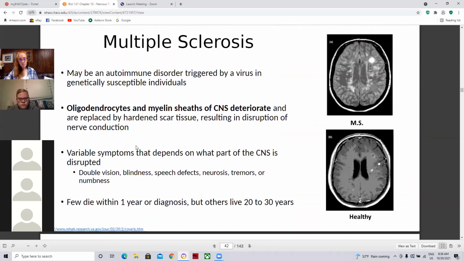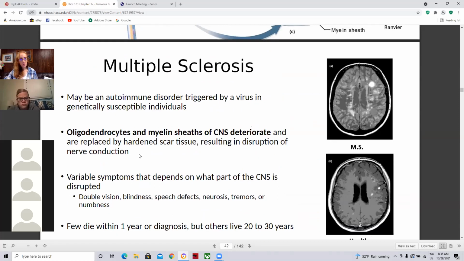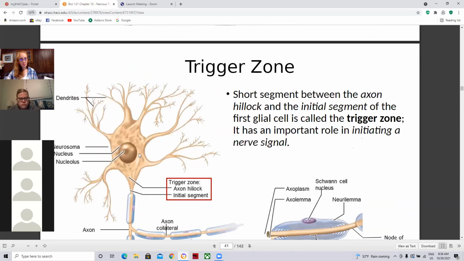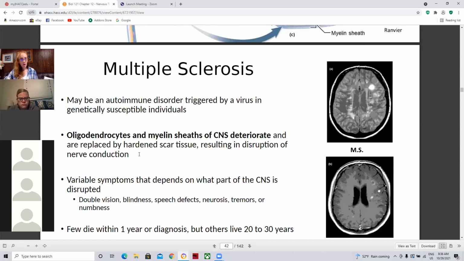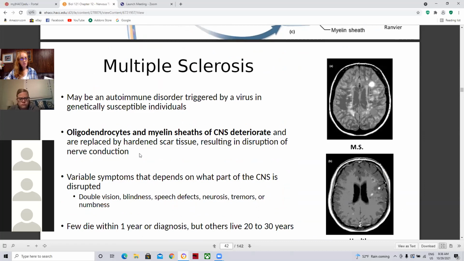Just for medical interest, we were talking about the myelin. Multiple sclerosis is an autoimmune disorder.